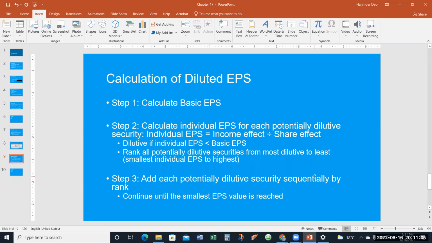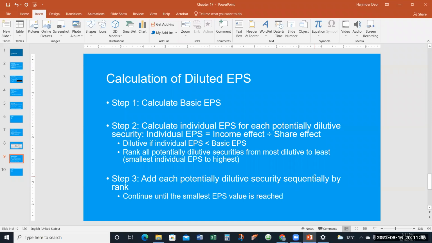You will keep calculating the earnings per share resulting from including the potentially dilutive security. You keep calculating and see, is my earnings per share number going smaller, smaller, smaller? As long as the earnings per share keeps reducing, keep going. That's one possible last curveball, folks, please make sure of this.